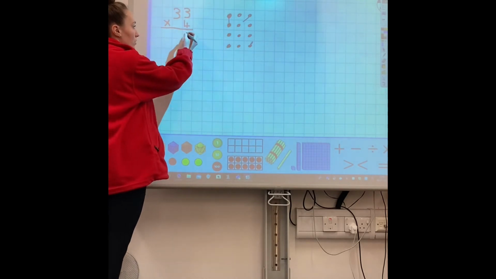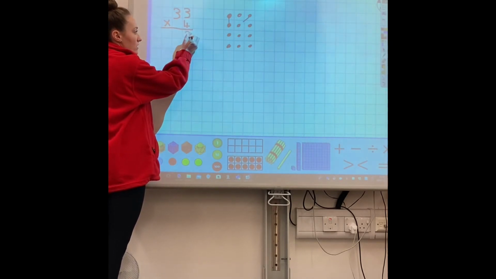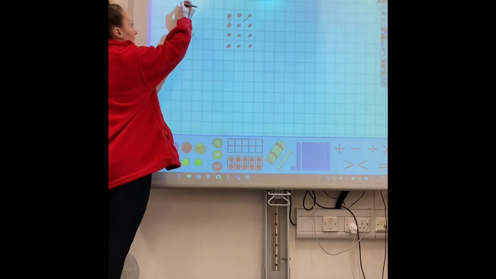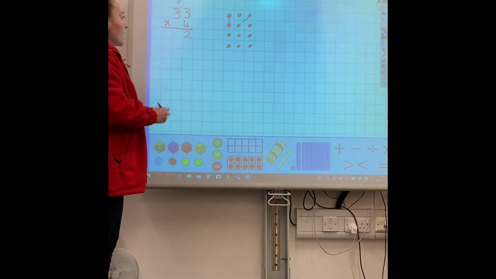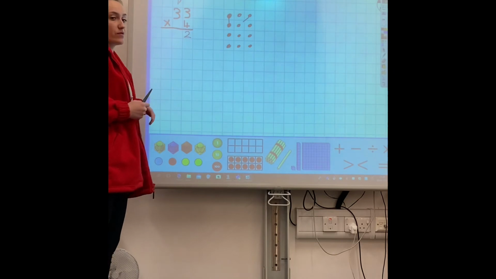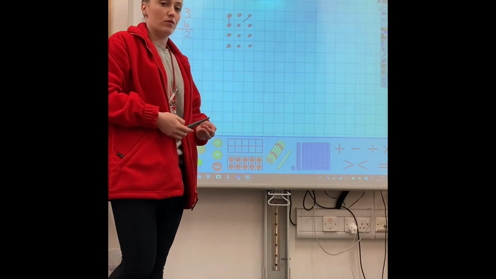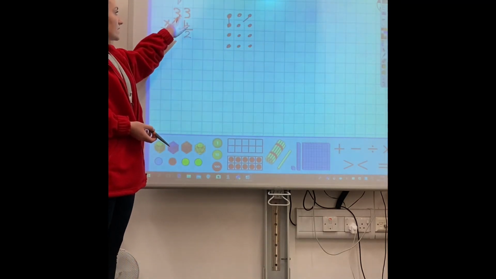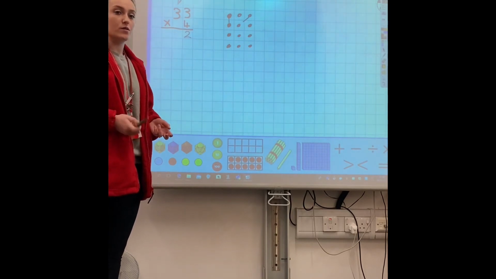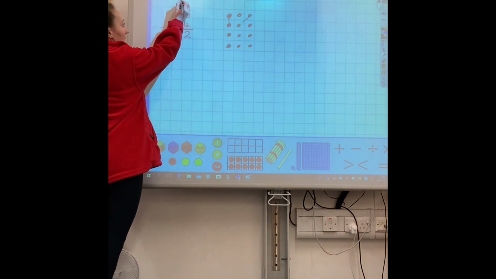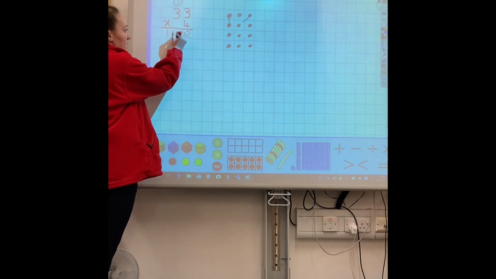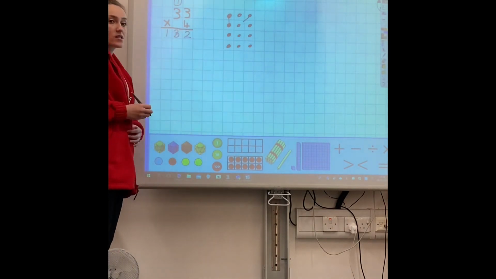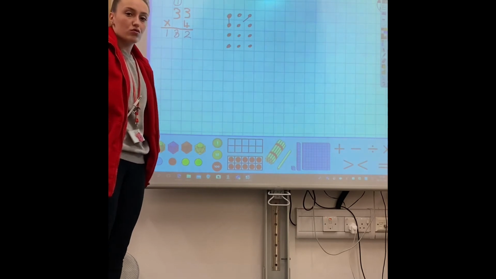But I'm only going to put my 2 ones in my ones column and then carry over my 10 into my tens column. And then I'm going to do 3 tens times 4. If I know 3 times 4 is 12, I know that 3 tens times 4 is going to be 12 tens. But I need to add this 1 ten that I've carried over, which would give me 13 tens. So 33 times 4 would be 132.